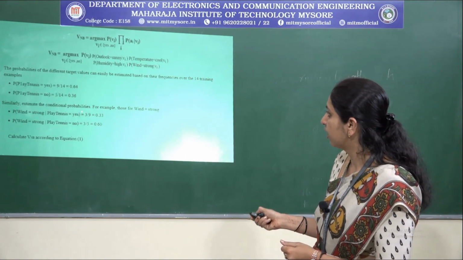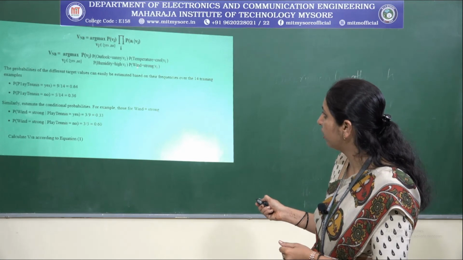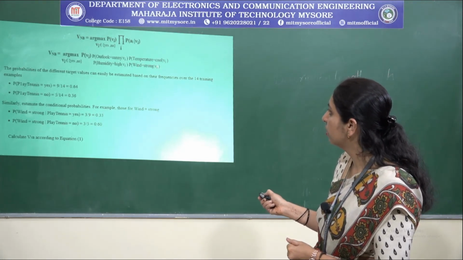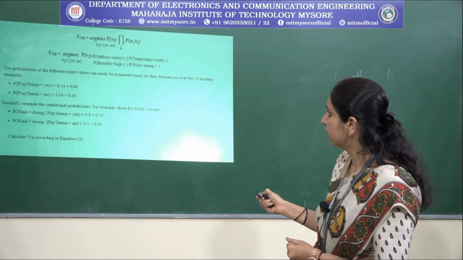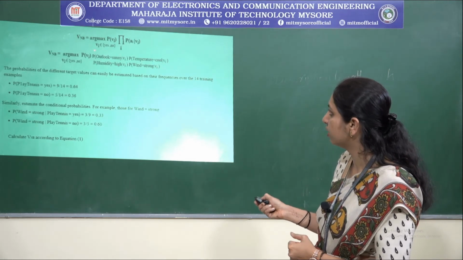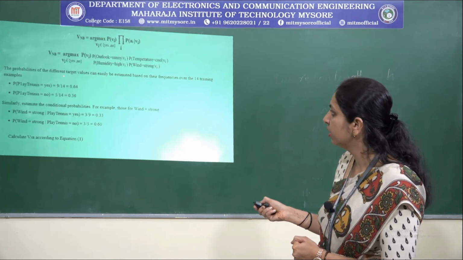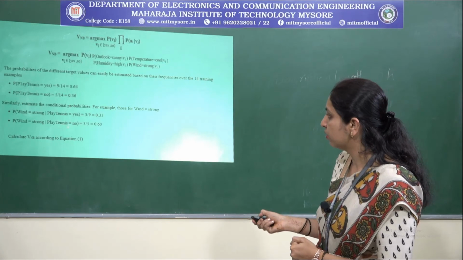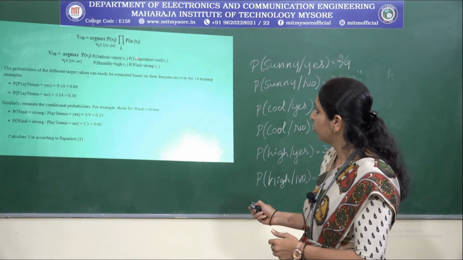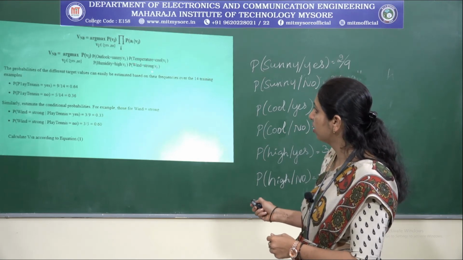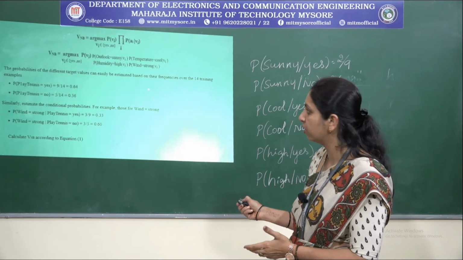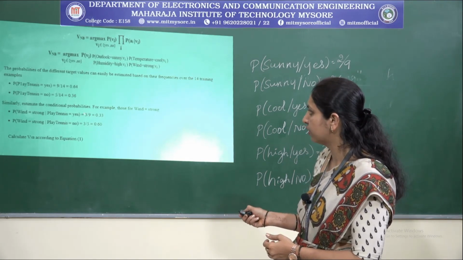Similarly, we need to find the rest of the conditional probabilities with respect to the same equation. Here we have calculated only for strong given Vj, the target function, which could be yes or no.